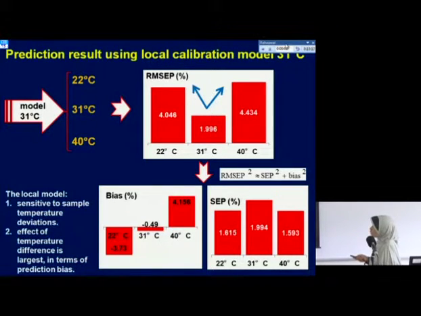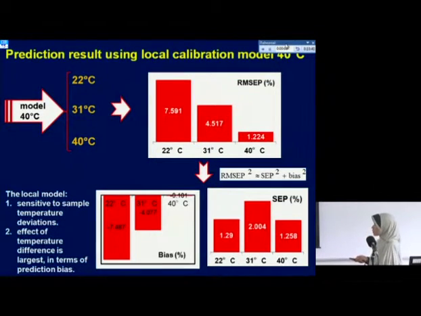Then using the local calibration model at 31 degrees Celsius, we obtain good prediction for the samples at the same temperature, but worse prediction for the samples at different temperature. And also the effect of temperature difference is larger in terms of bias, not SEP.